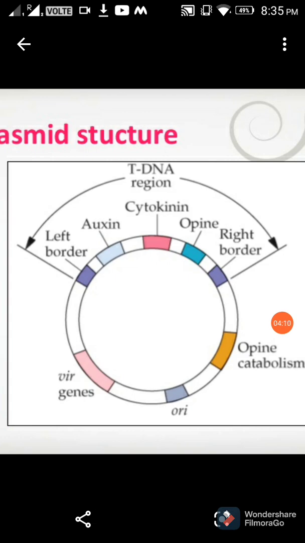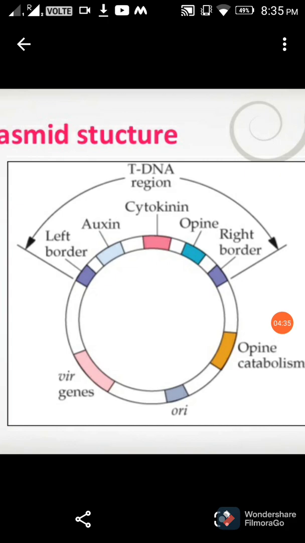So after observing how the bacterium uses this TI plasmid for transferring the tDNA from the bacteria to the plant, the scientists can use this particular TI plasmid of this bacteria as a vehicle. They will cut this tDNA region.